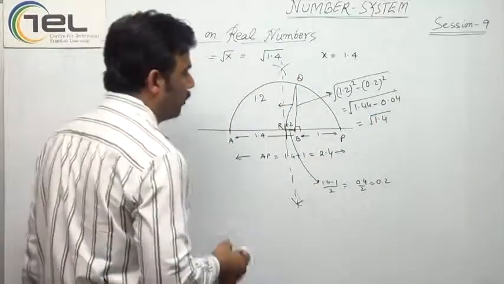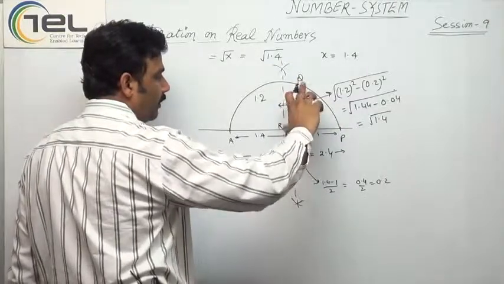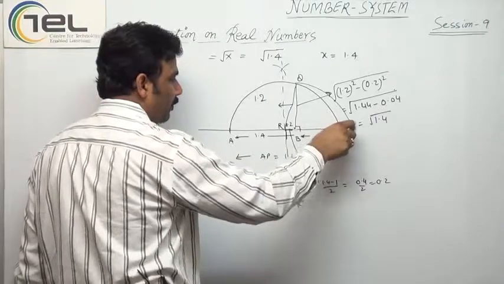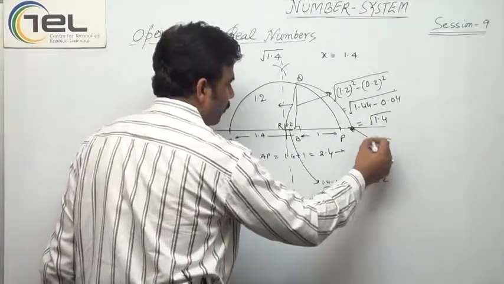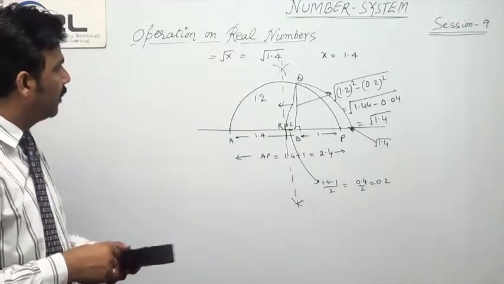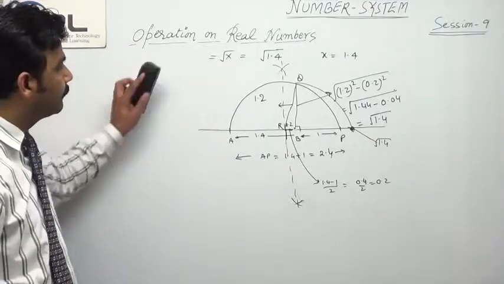So directly it is 1.4. I will take this as the radius and mark a circle here like this, and the point where it comes represents the square root of 1.4 on the number line. Clear? So this is how we can represent any real number on the number line.